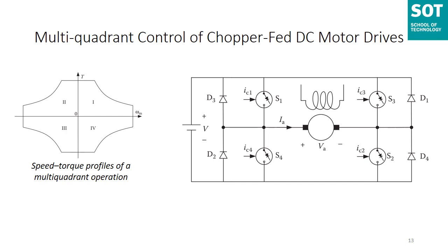Again, I repeat that the multi-quadrant control of chopper-fed DC motor drives has certain features. The utilization factor of the switches is low due to the asymmetry in the circuit operation. The switches S3 and S2 should remain on for a longer period of time. Now, when this is the demand, this may create commutation problems when the switches are using thyristors.